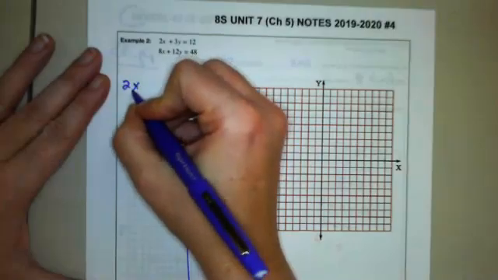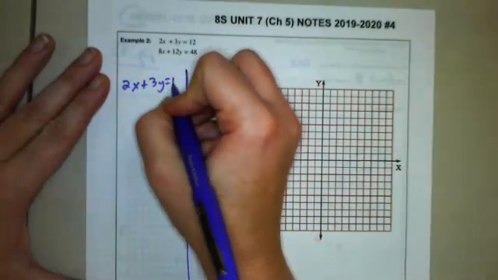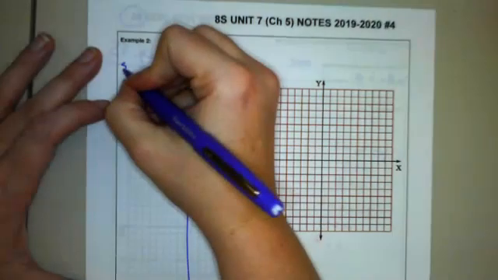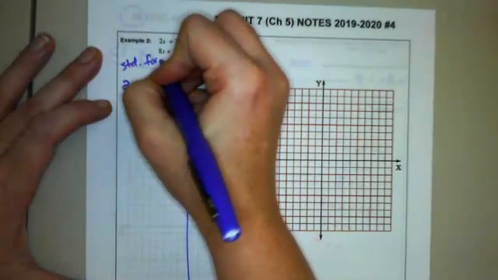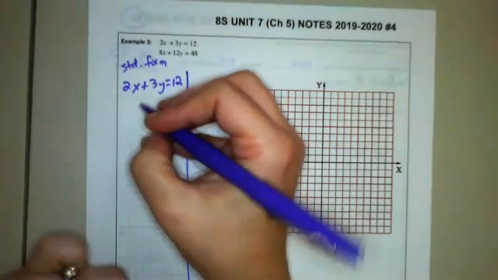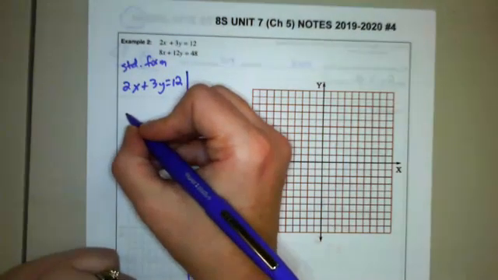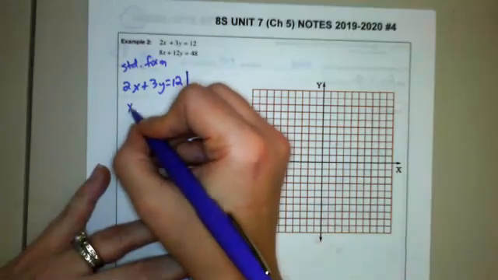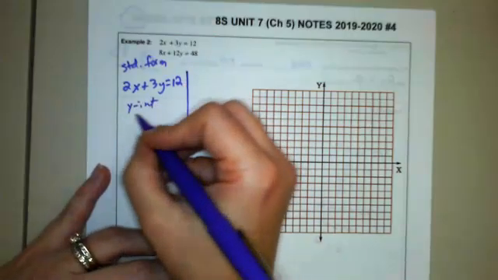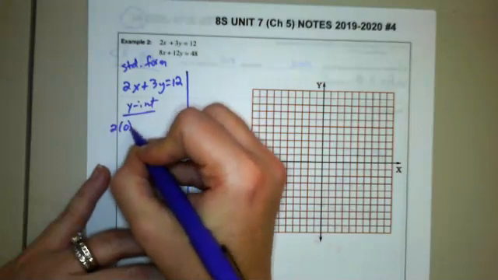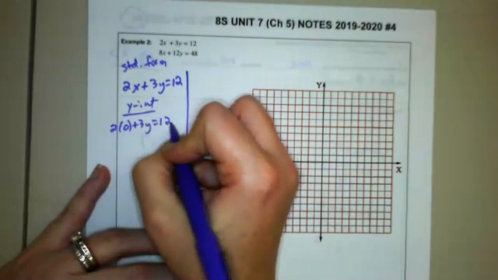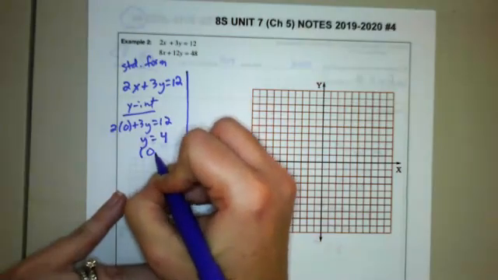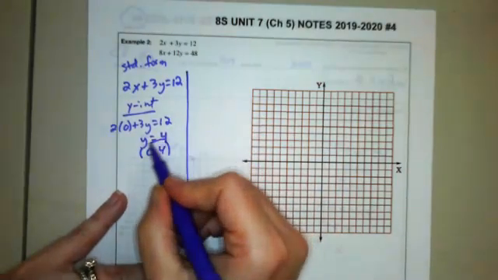I get 2x plus 3y equals 12. I am in standard form. So I'm going to put 0 in for x to get my y-intercept, and I get y equals 4. So I have (0, 4). There's my y-intercept.